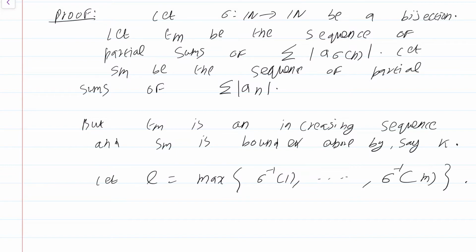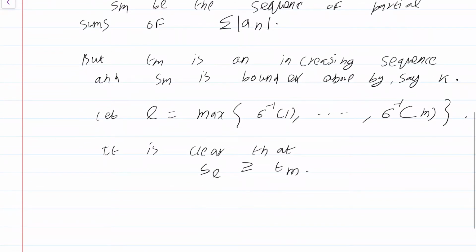Now it is clear that SL is greater than or equal to Tm. Why is that the case? Well, look at what I have done. L is the maximum of sigma inverse 1 to sigma inverse m.